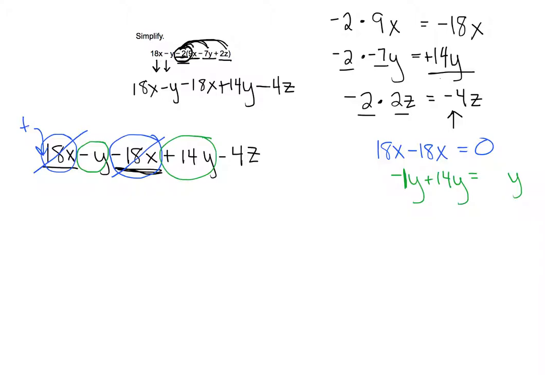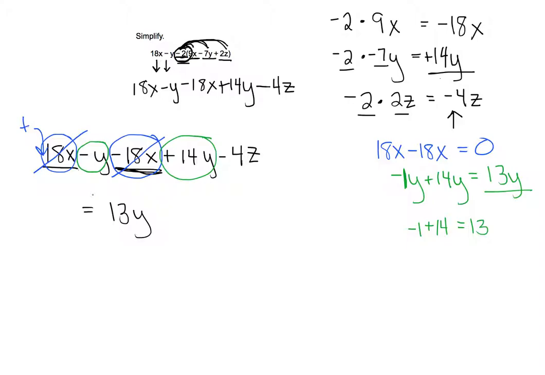So we're just going to combine the coefficients in front of the y's. We have a negative 1 plus 14, and that is a positive 13. So our answer to negative y plus 14y is a positive 13y. So we'll put 13y in our answer here.